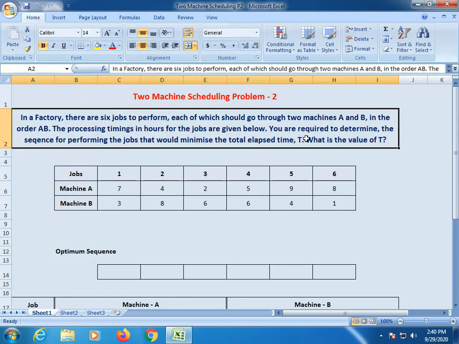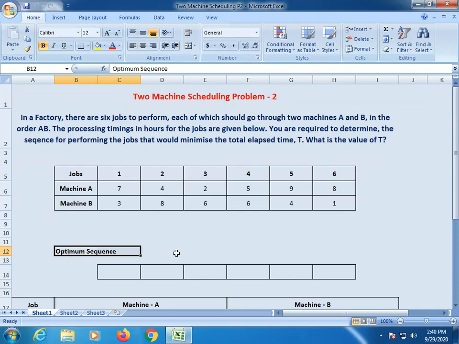So what we have to do is determine the optimum sequence. So how do we determine the optimum sequence? That is the first step that we have to find out.